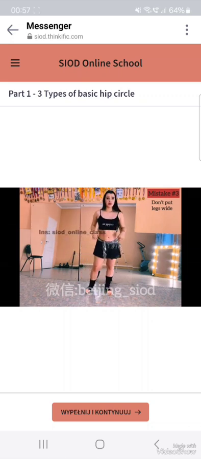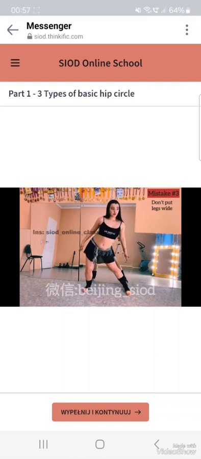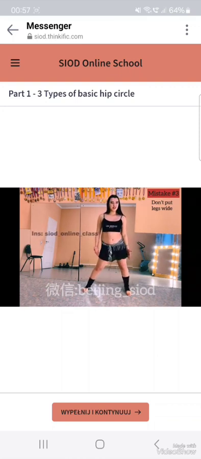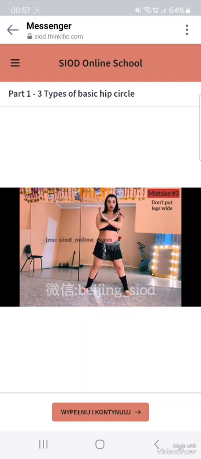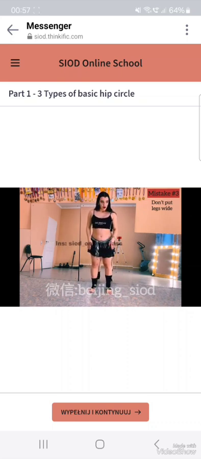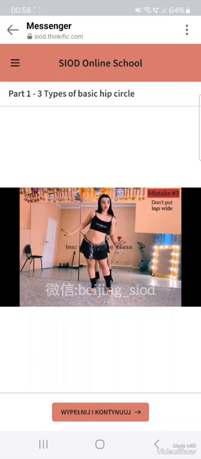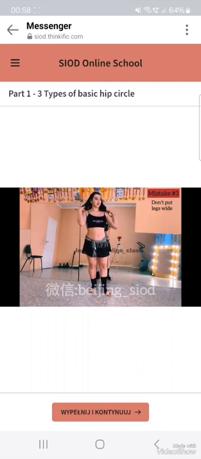Yes, some girls put legs very wide and in the end it looks not nice and very vulgar. So don't put legs like that. This is a mistake. You need to put them nearly like that. If you make hip circles, you need to put your legs the same distance as the distance between shoulders.